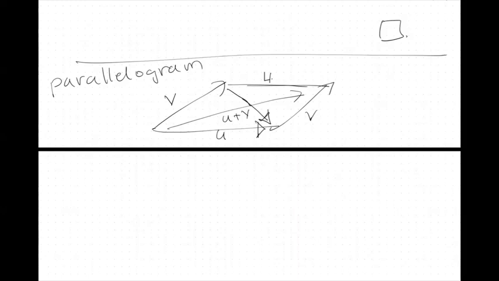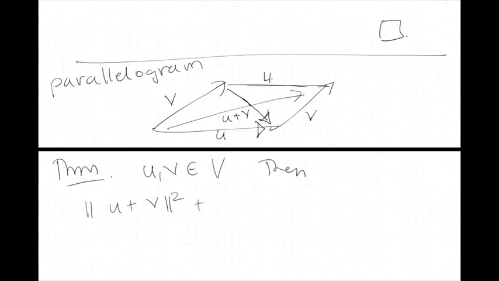Okay. The theorem says that if you get u and v elements of an inner product space, then the result is you get the square of the diagonal, the square of each.